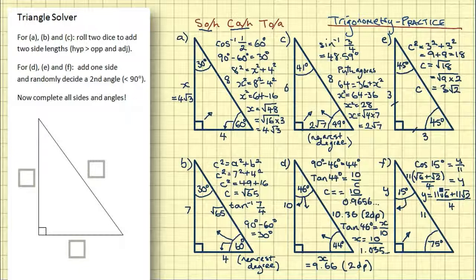Now if I press my SD button to convert to decimal, what do I get? There we go. Equals 10.6322 to 4 decimal places. So it's approximately 10.63, but it's exactly 11 root 6 plus 11 root 2 over 4.